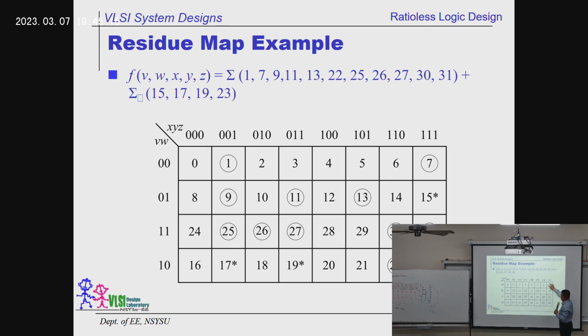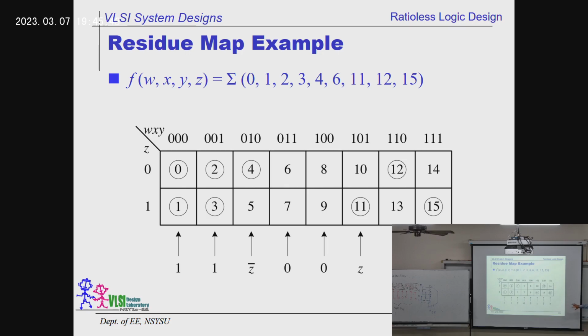Remember to circle all the numbers showing up in the summation of minterms, and the stars are don't care terms, 15, 17, 19, 23. And this is another way to do the residue map. It's more complicated. Now let's go to the next slide.